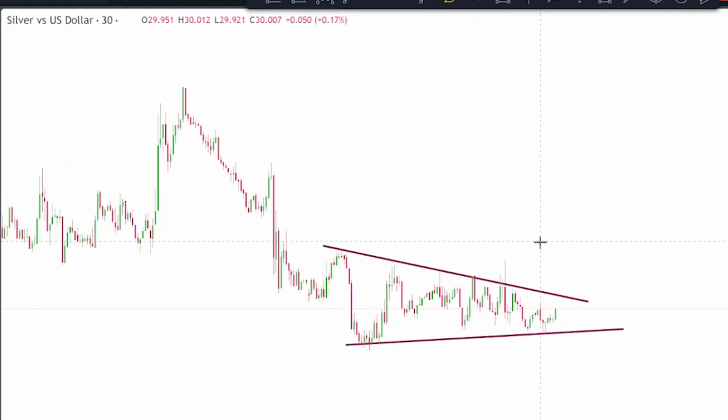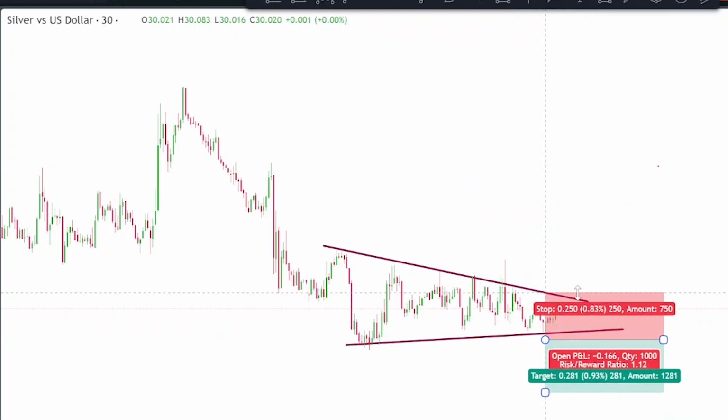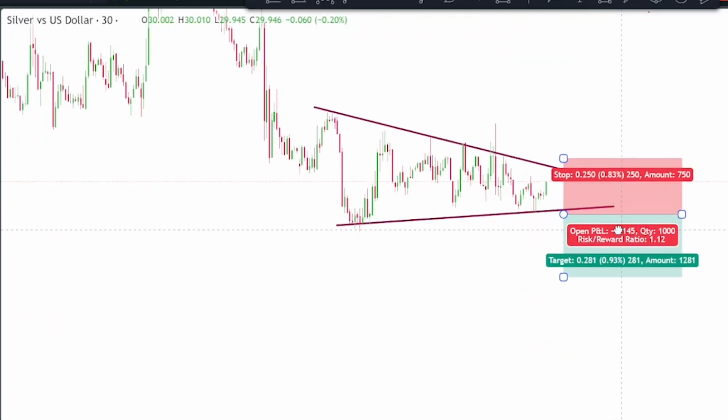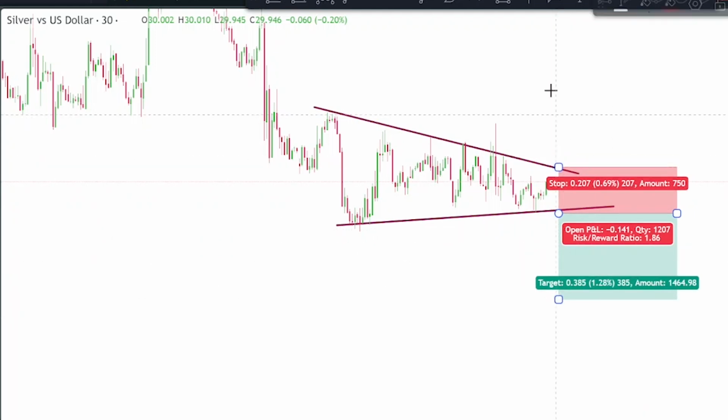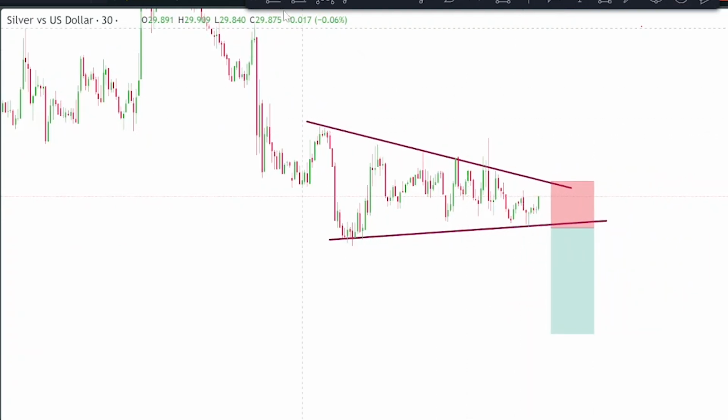Remember, we are waiting from outside of the breakout of this formation of the pattern. We don't know where we are going to be breaking out from. That's why we are going to be using a sell stop from the downside and a buy stop from the upside.